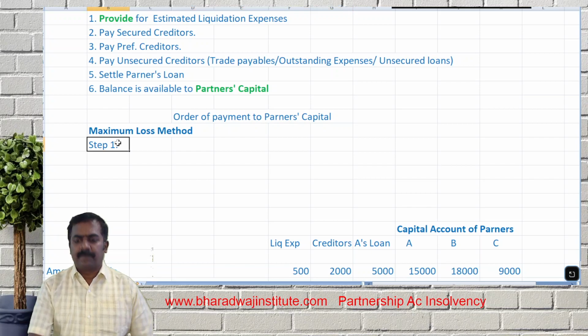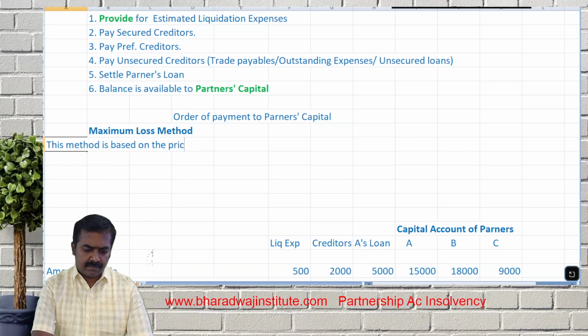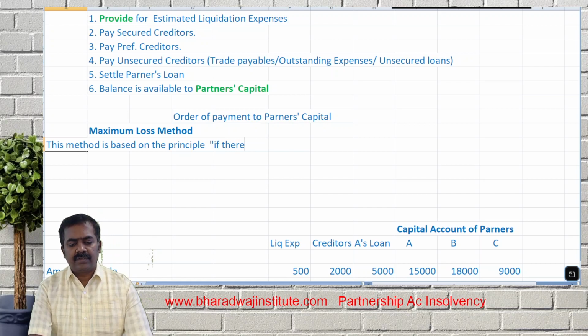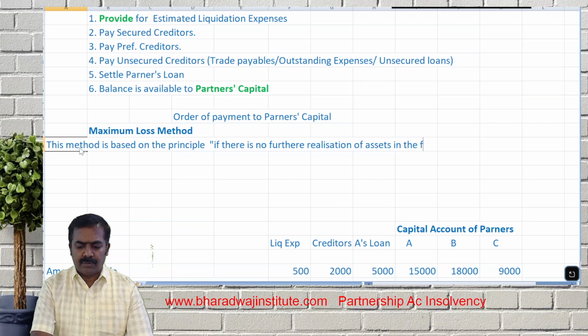What is the first method? Maximum loss method. Start. This method is based on the principle that if there is no further realization of assets in the future.